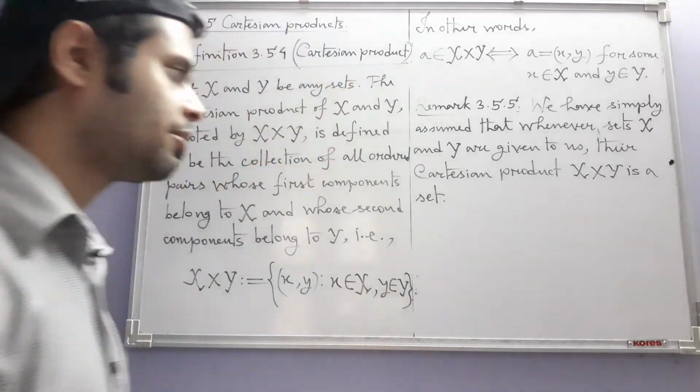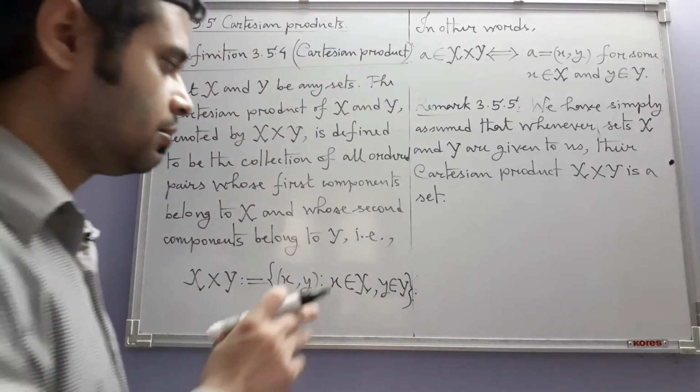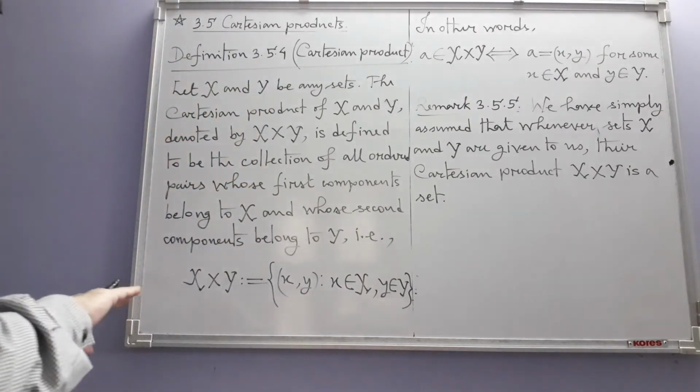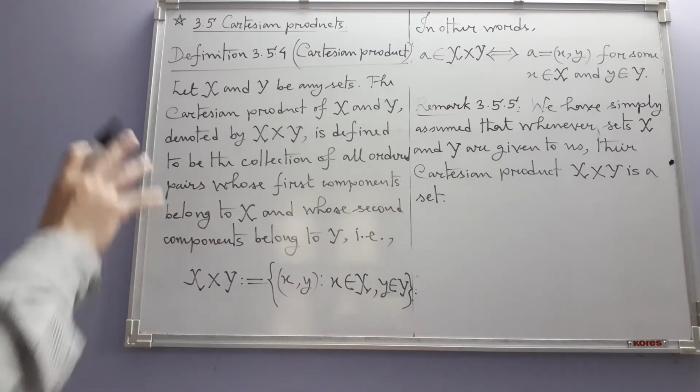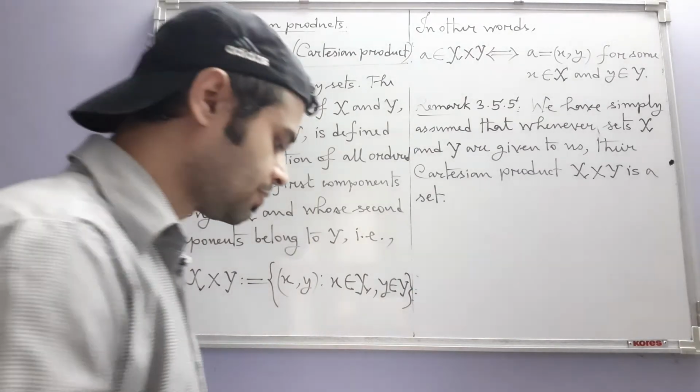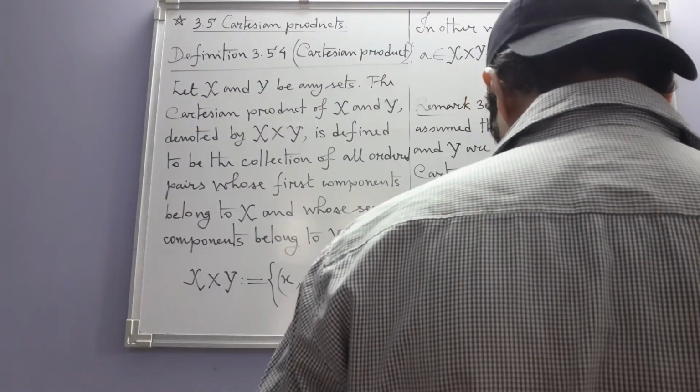This, however, need not be assumed. Like ordered pairs can be defined using only the set theoretic axioms, Cartesian products are also sets, and that can be justified using only whatever we have got before this.